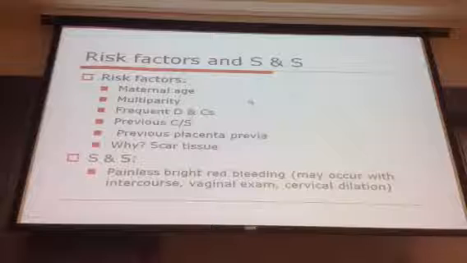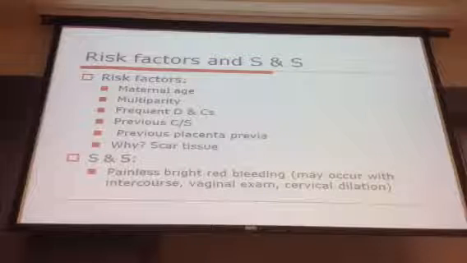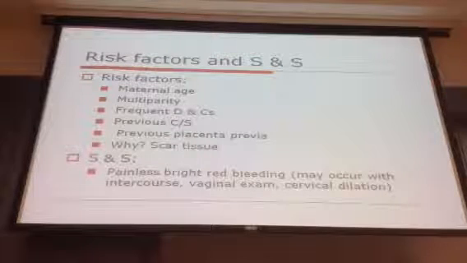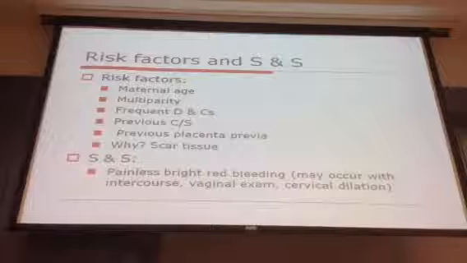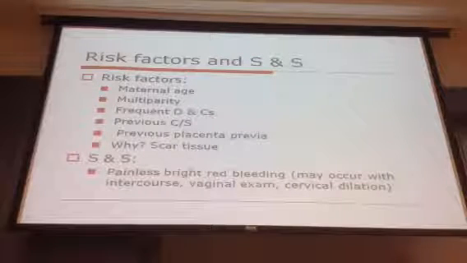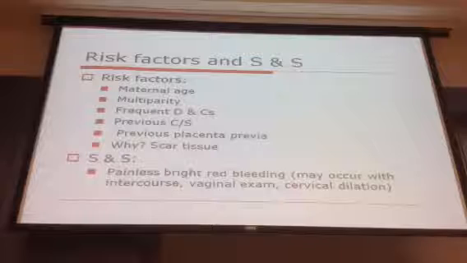So basically, risk factors have to do a lot with scar tissue in the uterus. That's one of the things that they try to point to in terms of why placenta previa occurs. If there is uterine scarring in the uterine wall, then that area of the uterus is not going to be as vascular and as easy to implant in potentially.